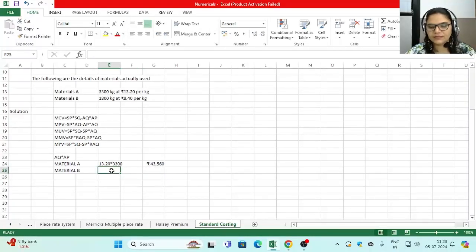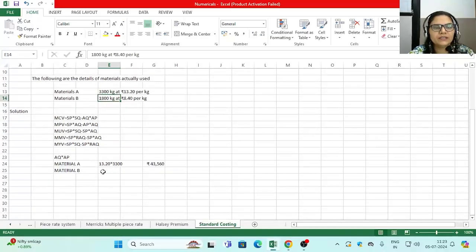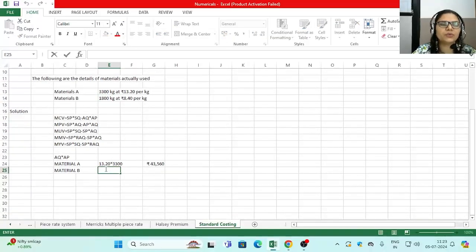Next is 8.40. This is the actual price and this is the actual quantity. So actual price into actual quantity will give you 8.40 multiplied by 1800.